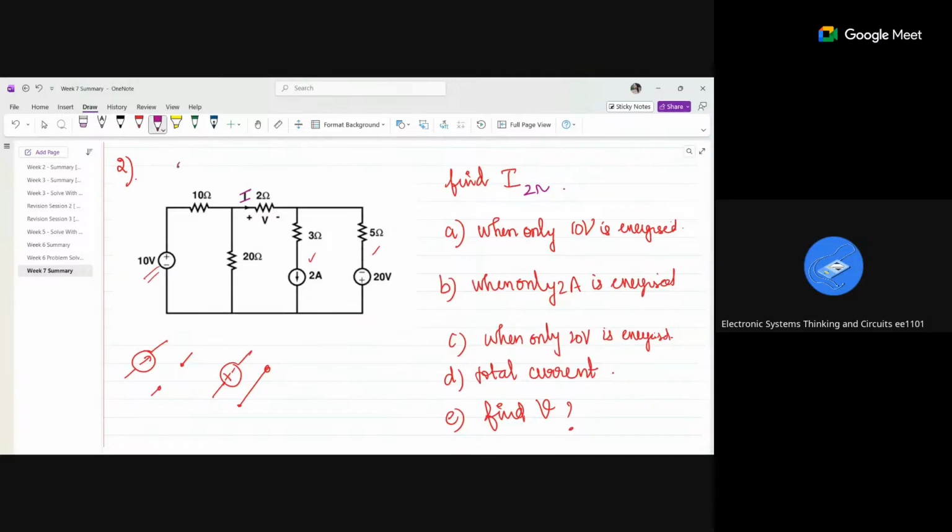So here we'll be revising the superposition principle, that formula, then the voltage division rule and the current division rule.